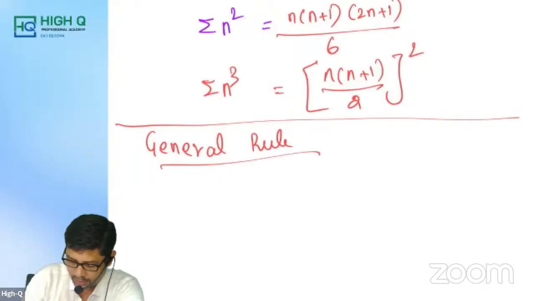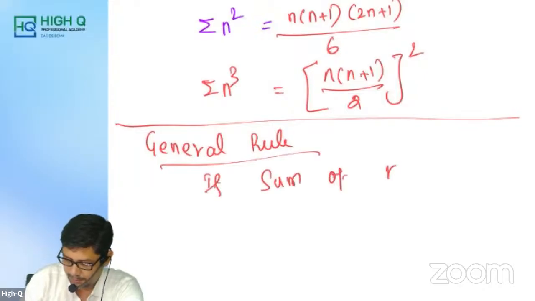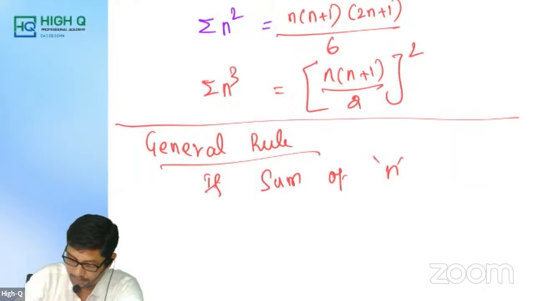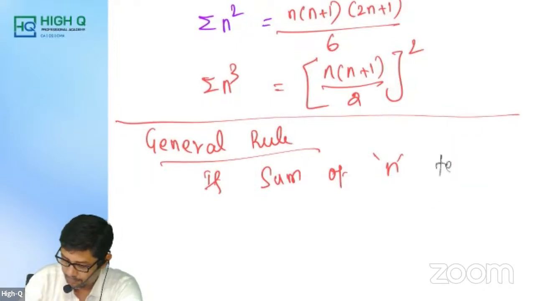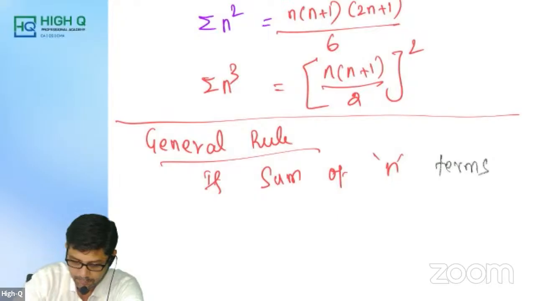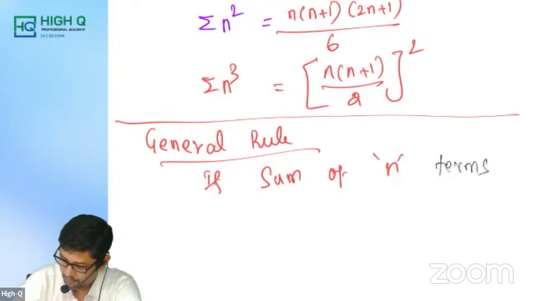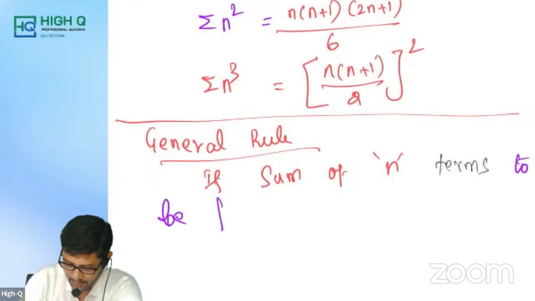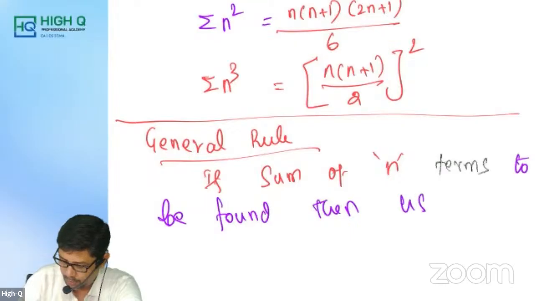If the sum of n terms is to be found, then use the n equal to 3 rule.